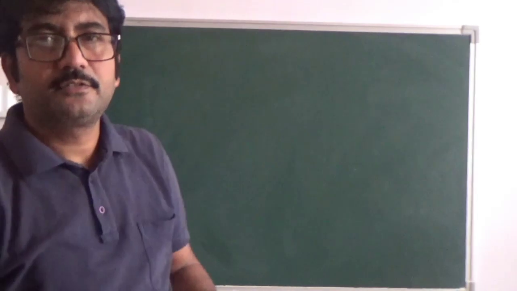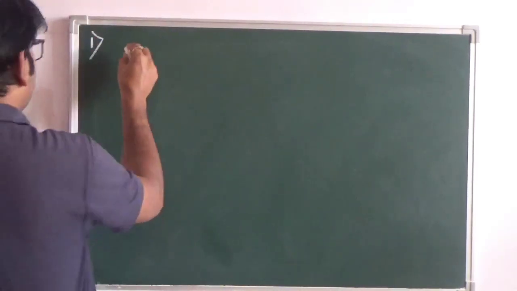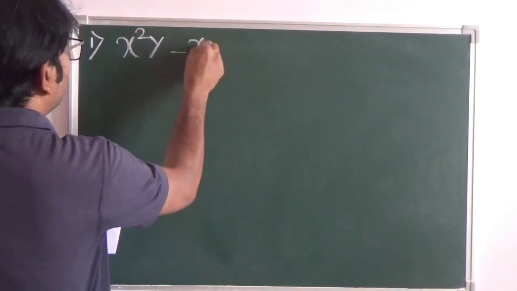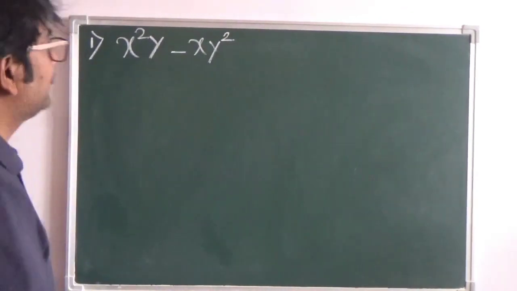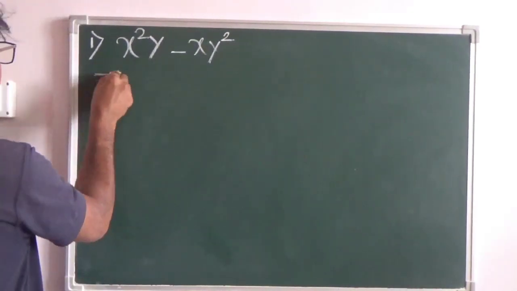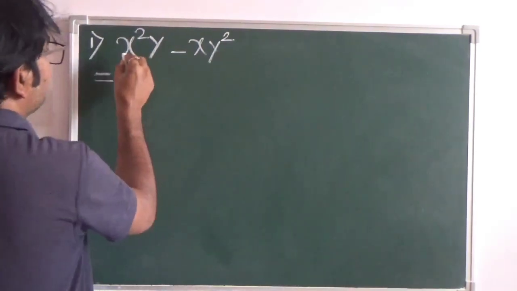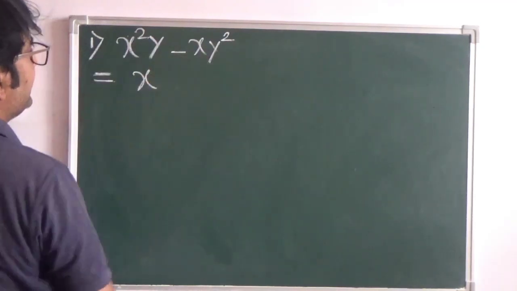Now let's start with question number 1. I write the question, here it is, x square y minus x y square. This we have to factorize. So what we do is take the HCF of these two, the highest common factor. You can see it is x square and this is x, so from these two you can take x as a common factor.